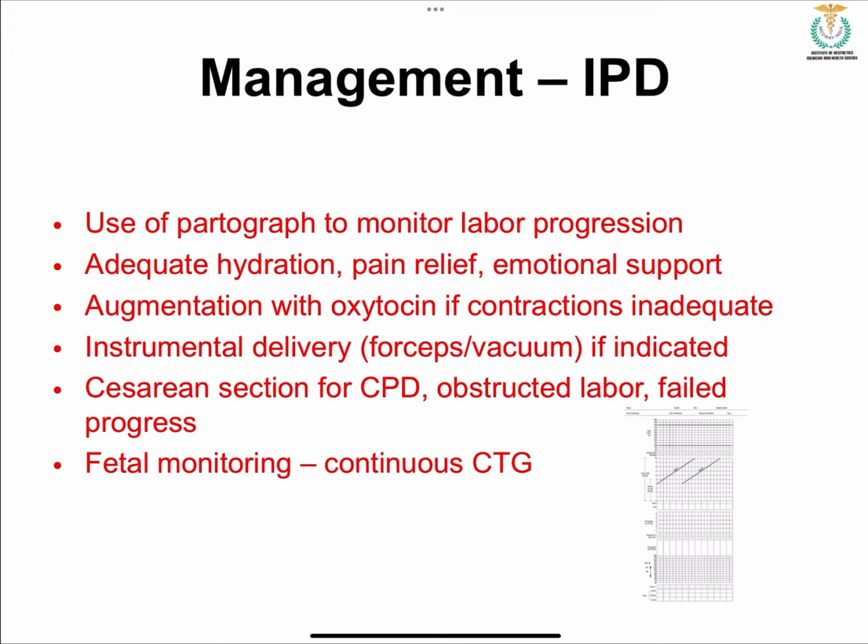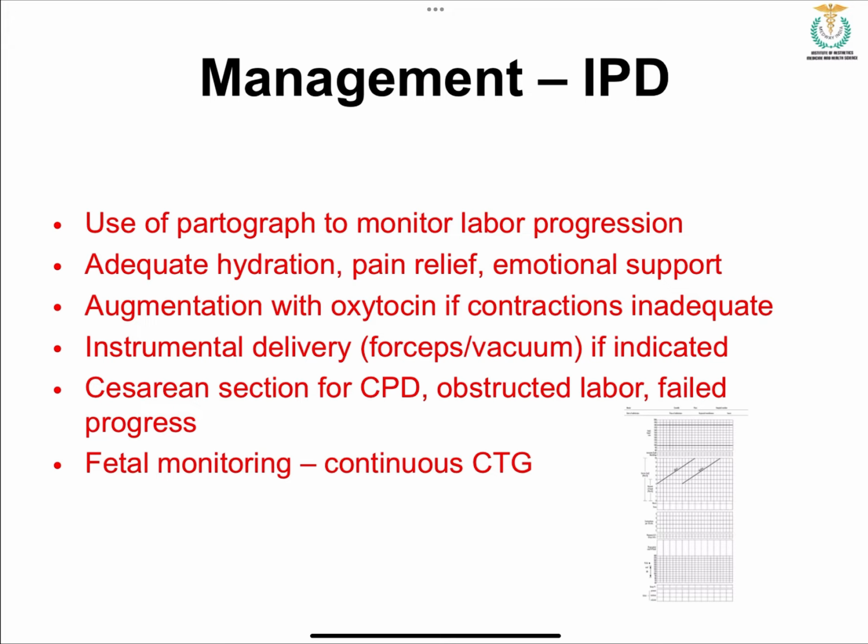WHO recommends oxytocin with amniotomy for confirmed delay, but cautions against augmenting before confirming true delay, and against very high initial doses. So always follow your institution's oxytocin protocol and monitor the CTG closely. Third, if it is due to passenger malposition, try maternal repositioning.